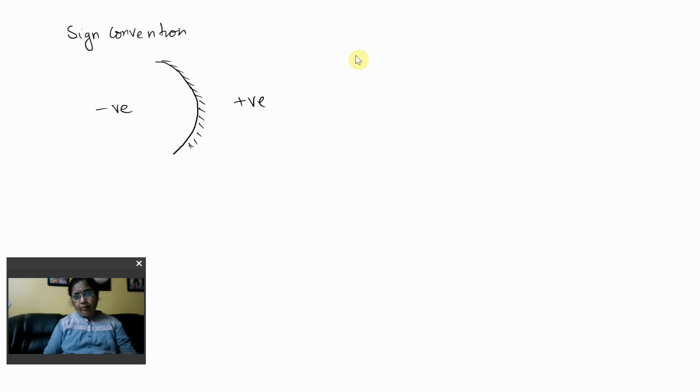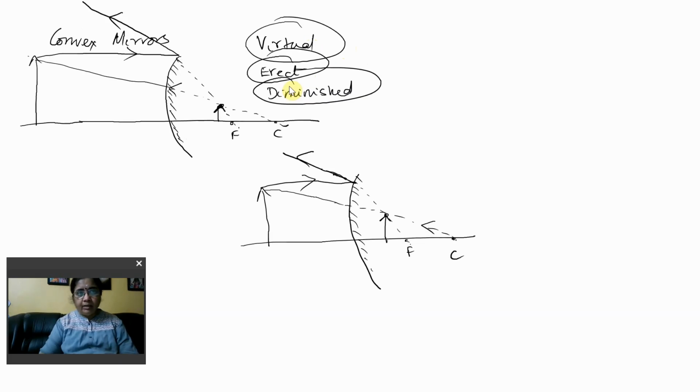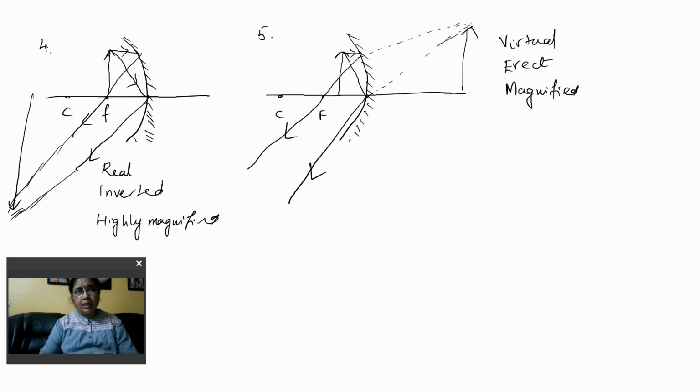I will give you one formula today. So when I speak about object and image, the distance between object and the mirror is generally labeled as u. And the distance between the mirror and the image is always v.